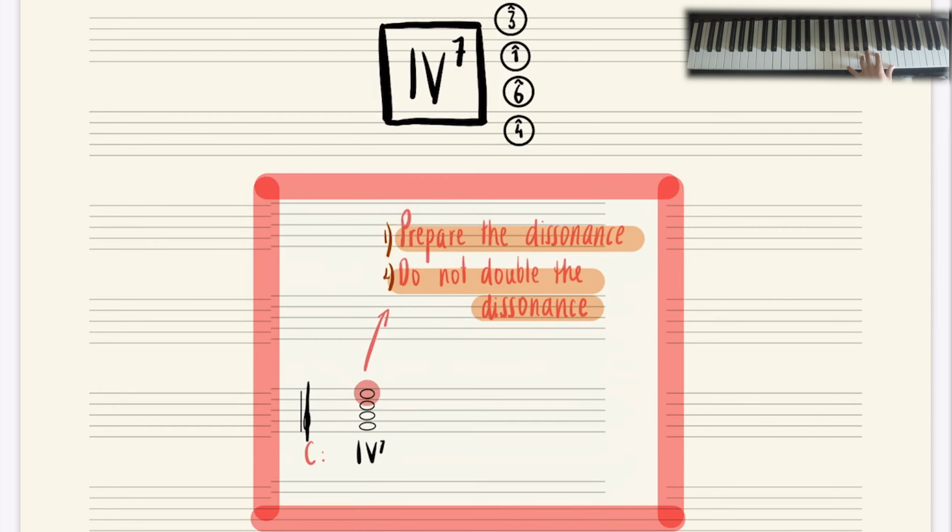You should always prepare the seventh in the previous harmony. Also, remember to never double the seventh in that 4-7 chord. In terms of voice leading, remember to always resolve the seventh by going one step down.